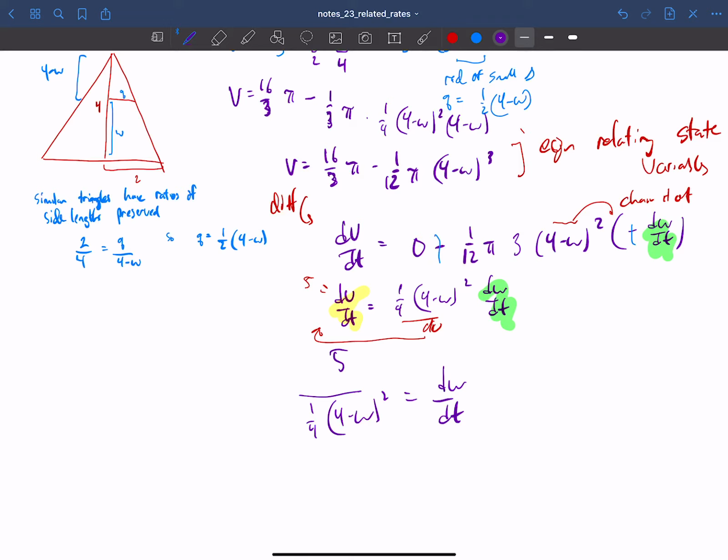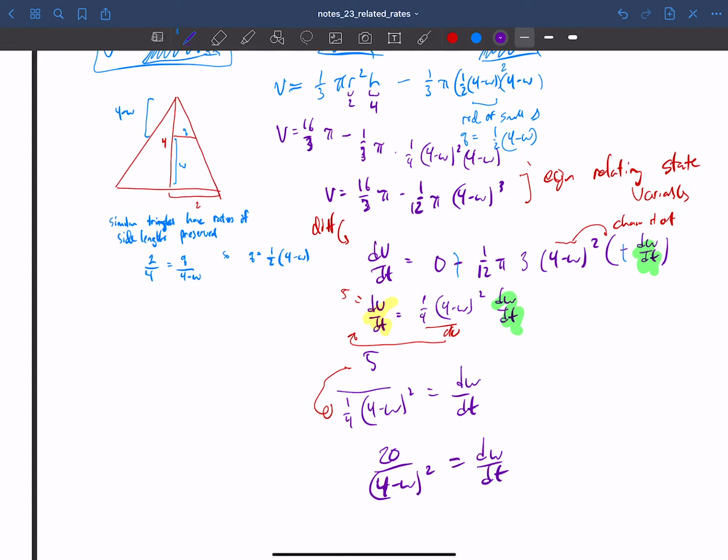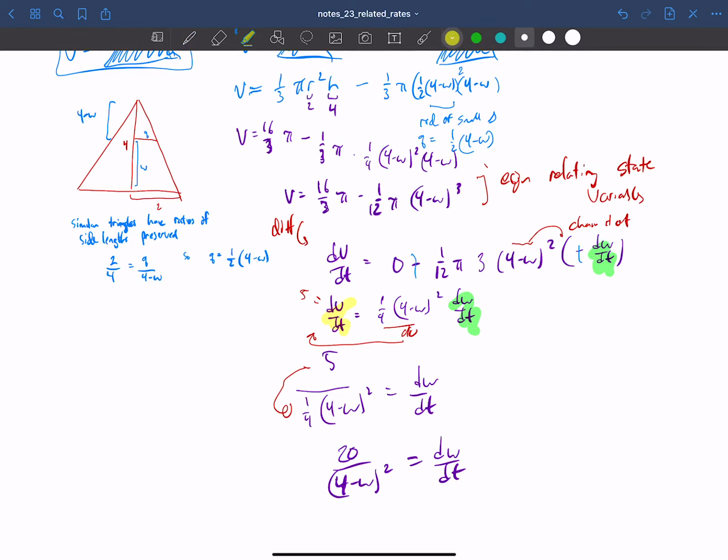This divided by a quarter, we're going to flip it and put it up here. And this will turn into 20 over 4 minus w squared equals dw dt. Now I wanted green.